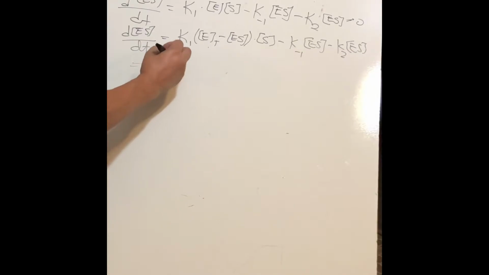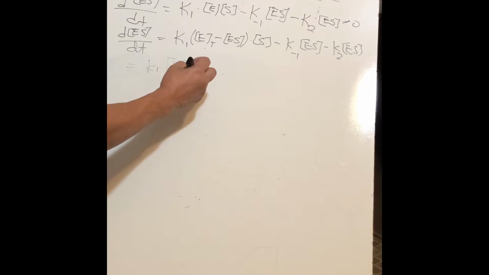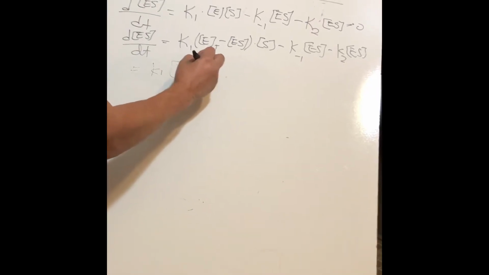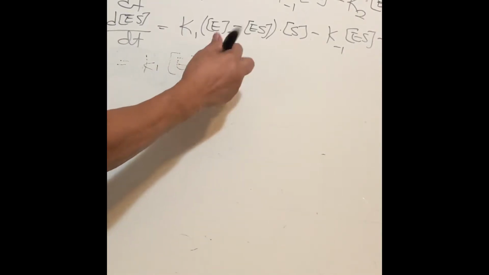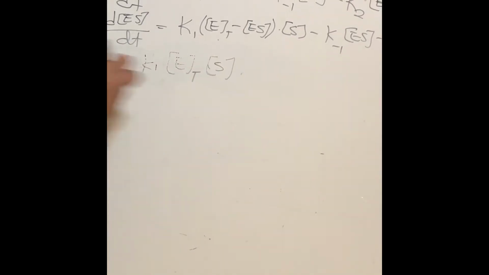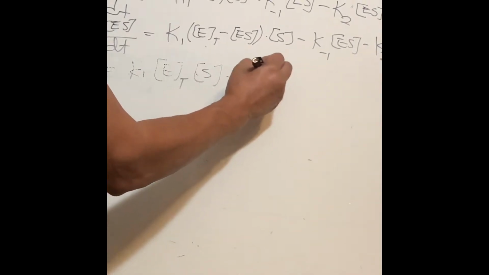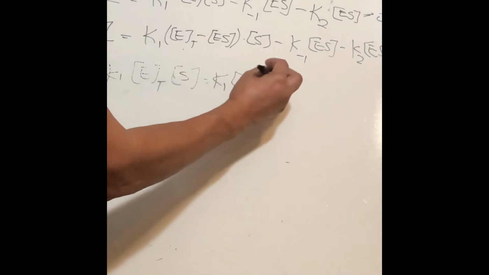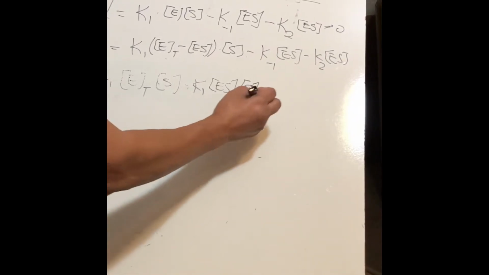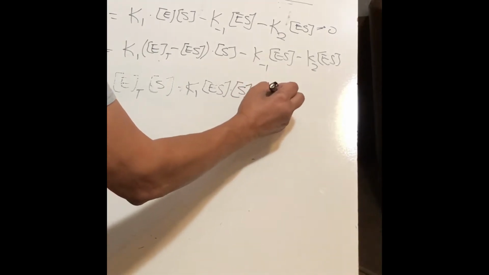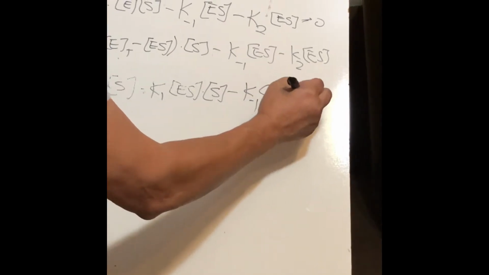K1 times the total concentration times, I didn't write, the concentration of S, minus K1 times the concentration of the enzyme substrate times the concentration of the substrate, minus K negative 1 minus K2.